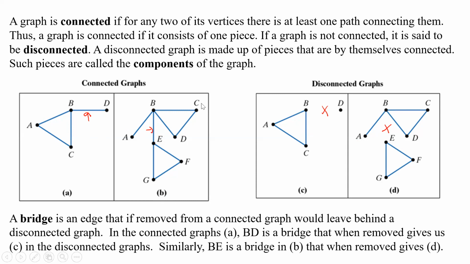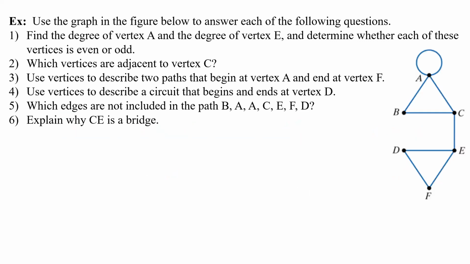And we could make these different ways. We could have removed A, B here, and then it would be disconnected instead of BE. So it's not always going to be one possible thing to have a bridge. It can have multiple bridges.